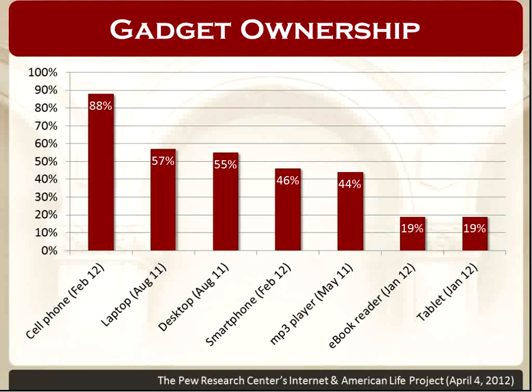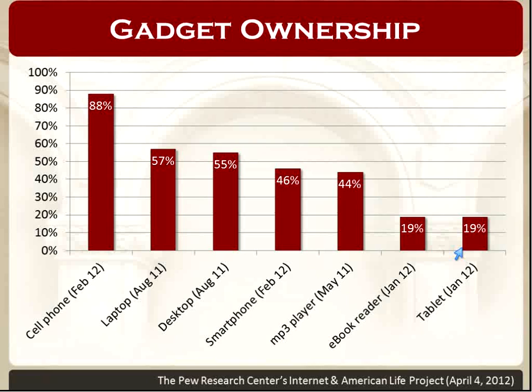So ebook readers, which is what we most commonly think of for ebooks, are hovering at about 20%, just a little under, at 19% as of early this year. That's not a huge percentage. It's not 80% of the population, but that is a growing trend of a dedicated ebook reader.